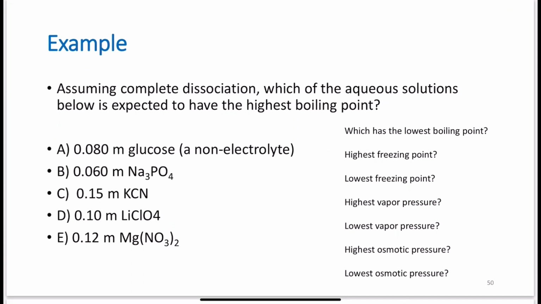So assuming complete dissociation, which of the aqueous solutions below is expected to have the highest boiling point? Well, let's talk through it. To do a question like this, you need to think about the Van't Hoff factor first, and then think about concentration, okay?